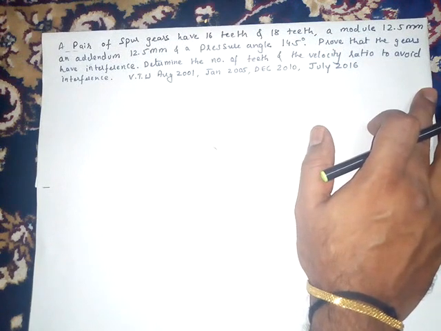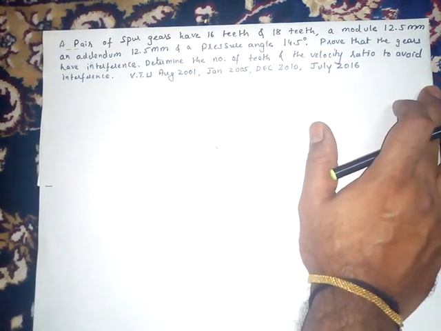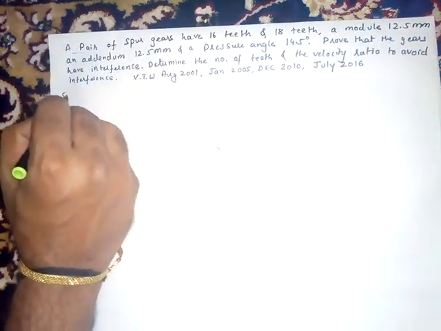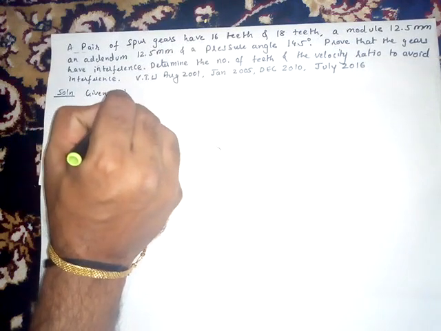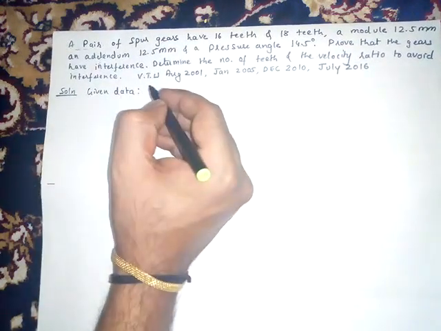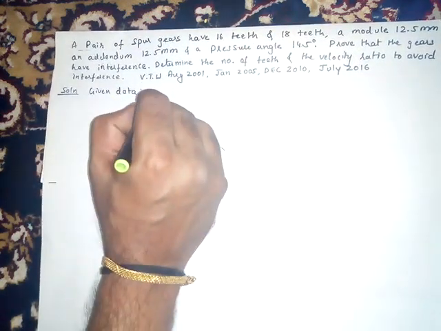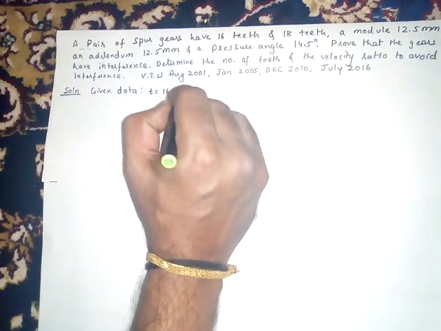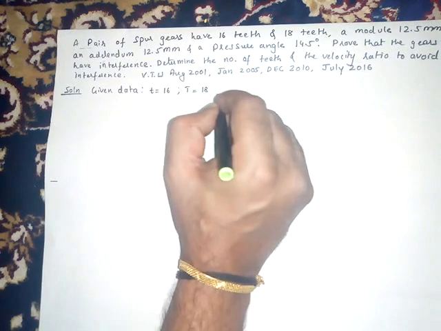So we'll begin with the solution, stating the given data. The given data are, to begin with, teeth equal to 16 and 18.